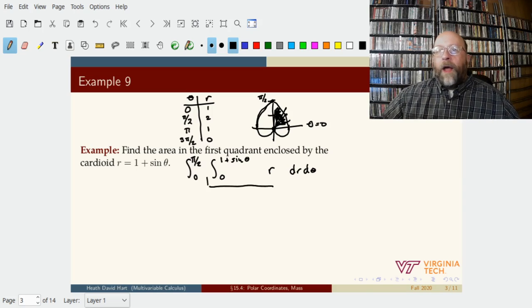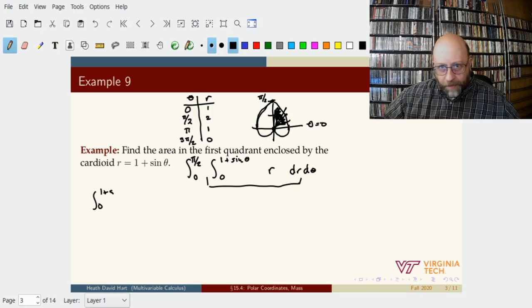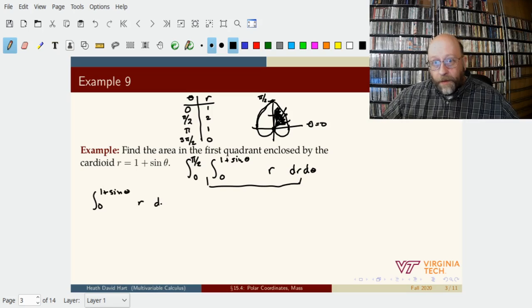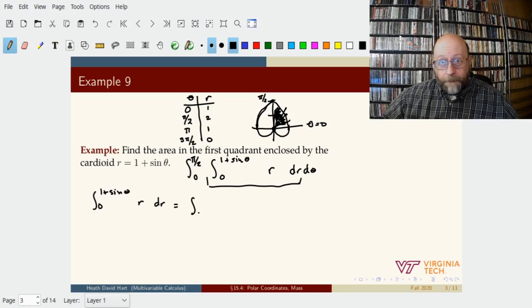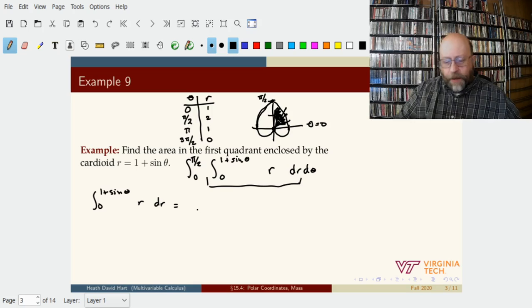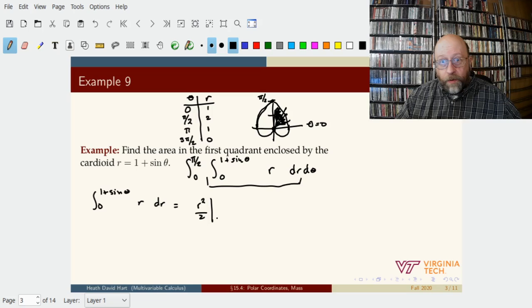We'll work out the inside integral first. 0 to 1 plus sine theta, r dr, I want to just write this as r squared over 2, 0 to 1 plus sine theta.